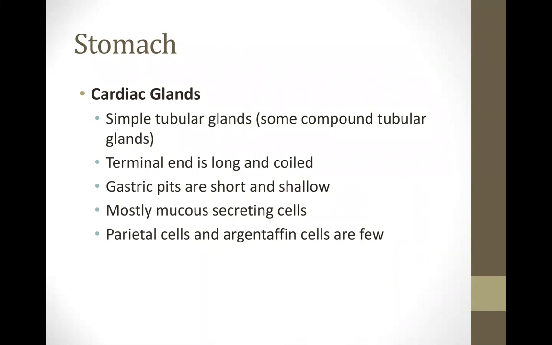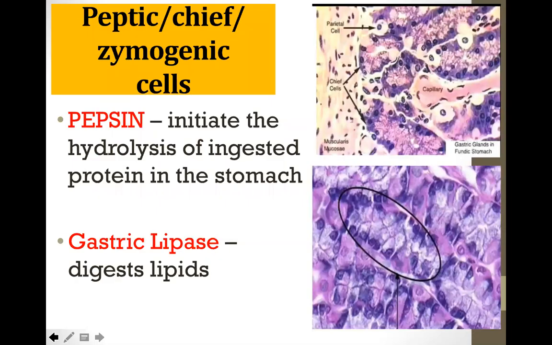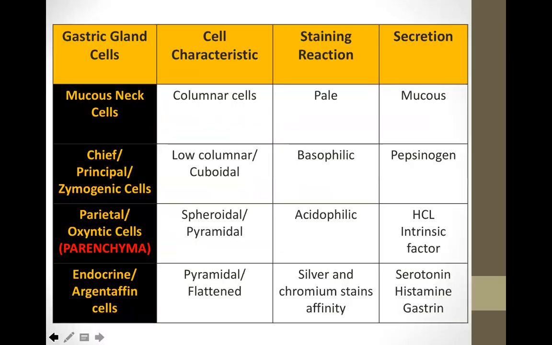The parietal cells and argentaffin cells, oops, sorry, I forgot to discuss this. I'll go back to the last part of the table. This one, the endocrine or argentaffin cells, they're only found kapag nagkaroon ka ng silver and chromium staining. Hindi siya nakikita ng simple hematoxylin and eosin stain, that's your H&E stain. Ito po lang ang nakikita: mucus neck cells, chief cells, and parietal cells.